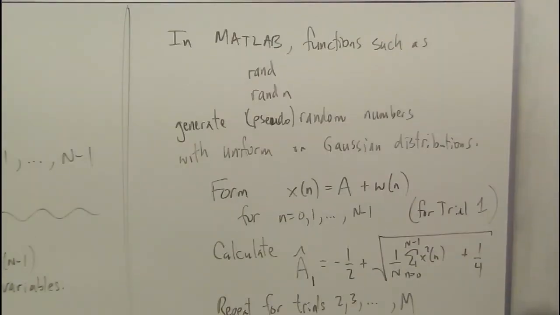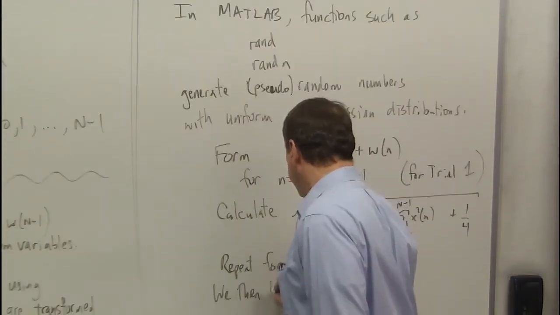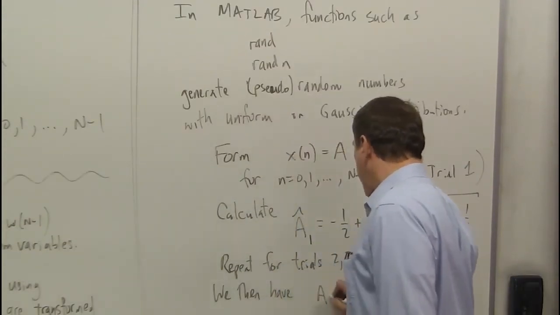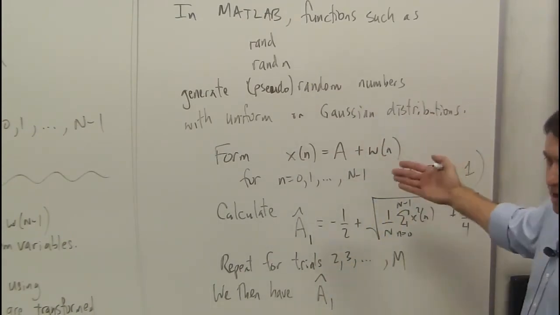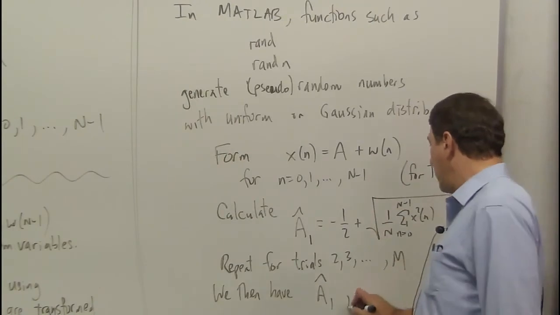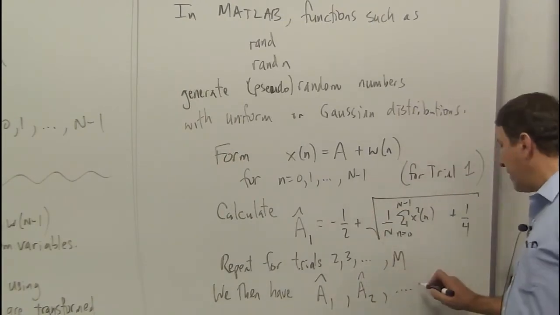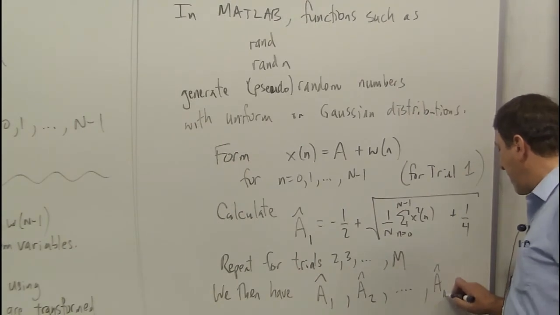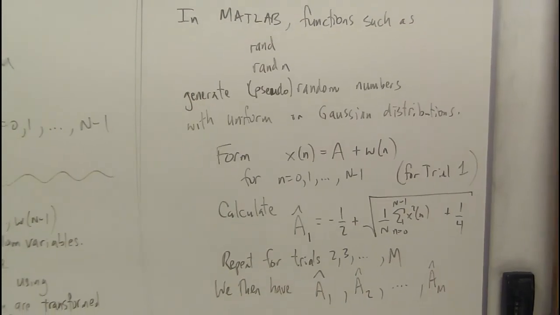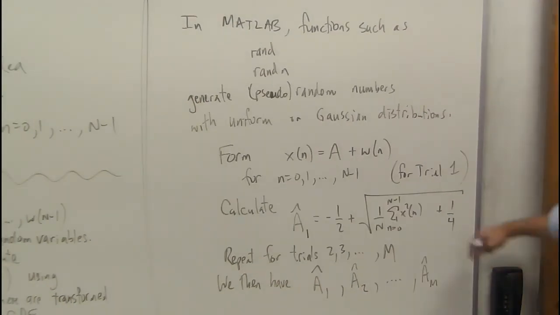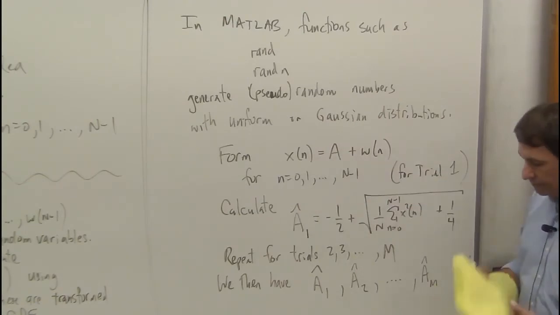And so now we have an estimate A hat 1 drawn from a set of data. We generate a new set of data, we have A hat 2 from the new set of data, and so forth until we have a collection of M estimates coming from M different sets of a number, capital N, of these observations.